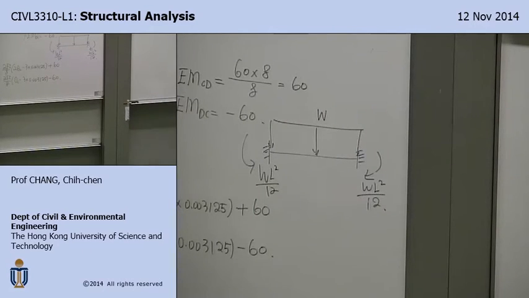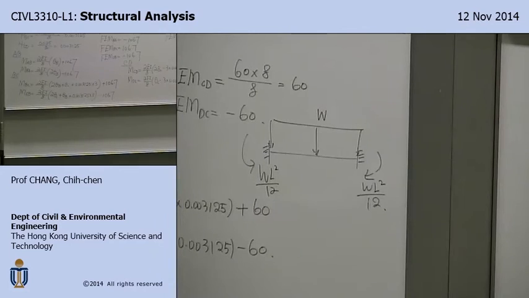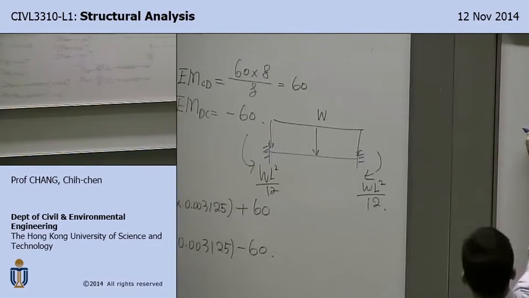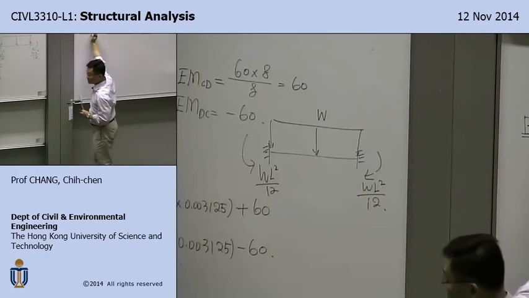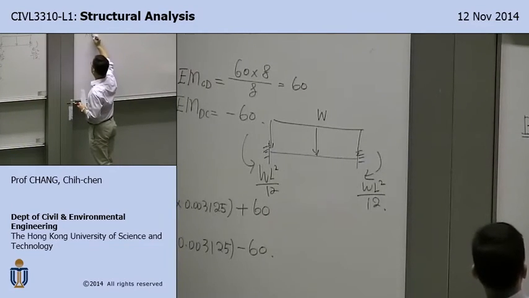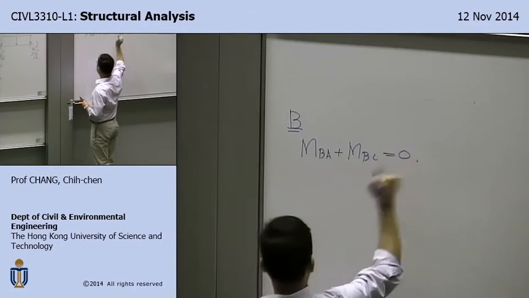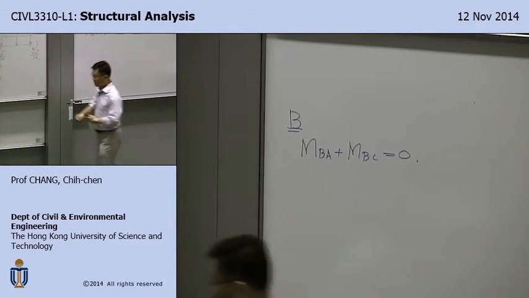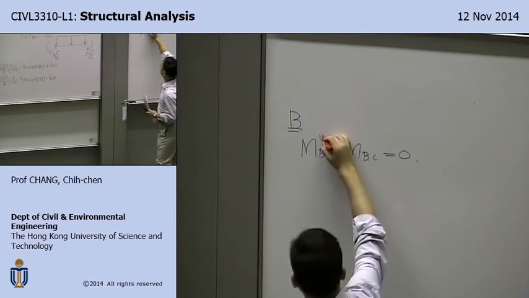Now, the rest of the calculation is joint equilibrium. Let's go. So you go to joint B, and the equilibrium is MBA plus MBC equal to 0. So you need to pick up these equations, put them here and here.